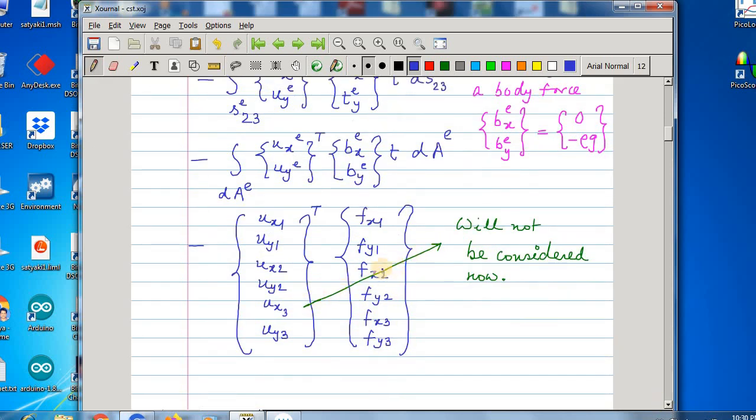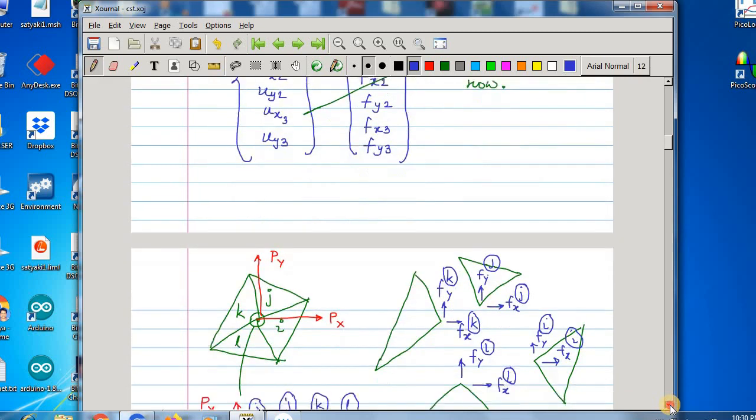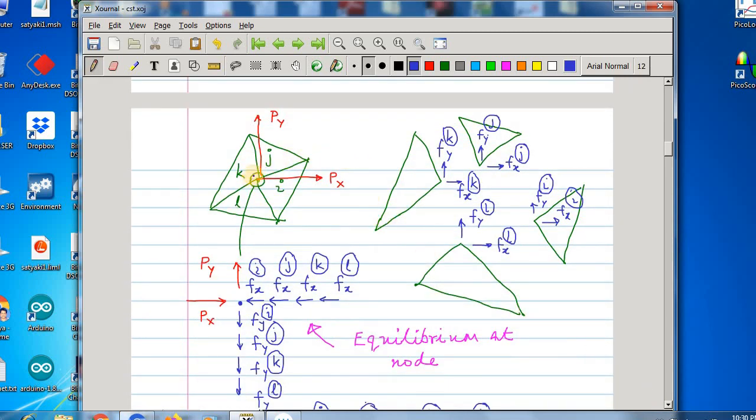But this is not of much importance, because suppose you consider this case where this node is surrounded by 4 elements I, J, K, L. Now if you consider the equilibrium of this node, for the ith element at this node there are these 2 forces, for the jth element at this same node these are the forces, for the kth element these are the forces, and these are the forces for the lth element, acting on this element.